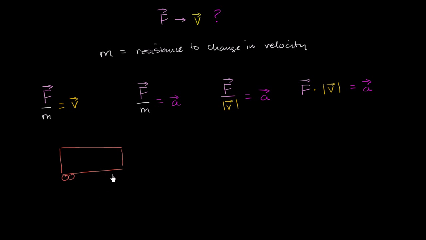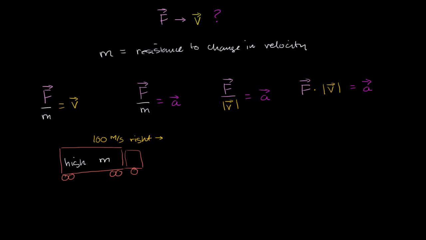So I have a truck right over here, and let's say it's traveling in this direction, its velocity is 100 meters per second to the right, which is very, very, very fast, especially for this thing that has a high resistance to change in velocity. So I'll just write high m right over here, and it's obviously going in that direction.